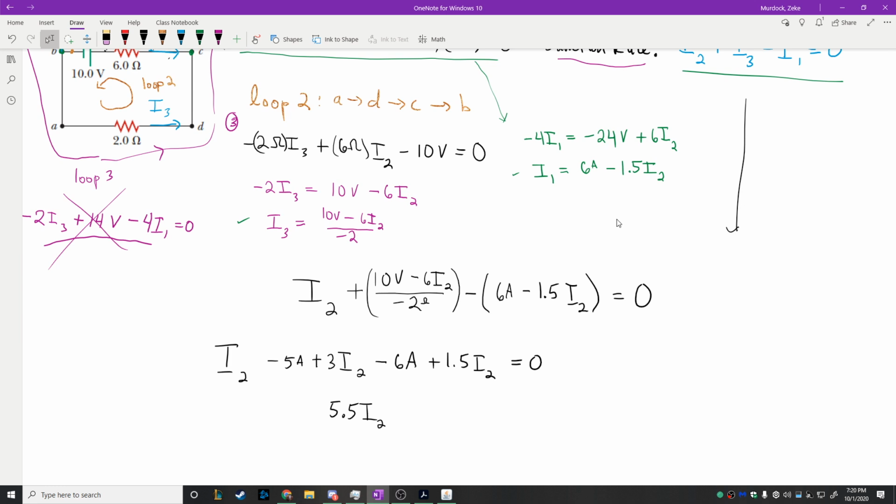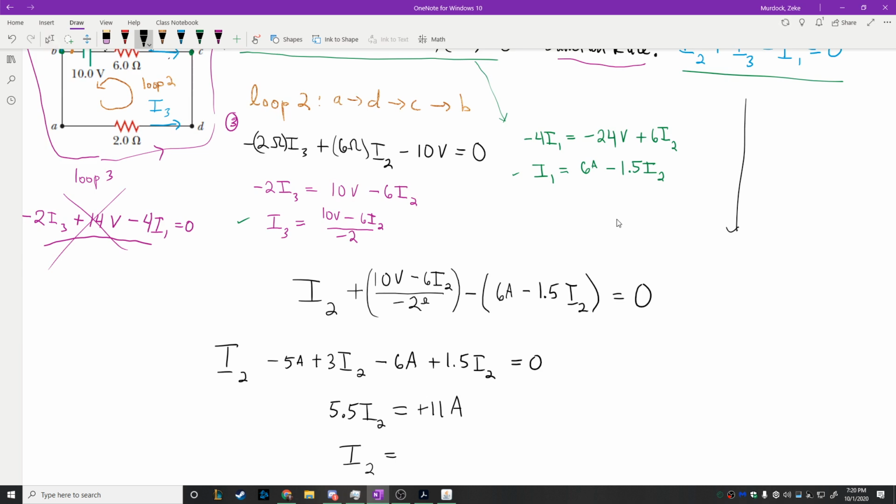Let's just check to make sure. This was negative over negative. Negative, negatives, they're both positive, yep. This should be equal to negative 5 plus negative 6 is 11. So this is now positive 11 when we move it to the right-hand side. And 11 divided by 5.5, we get I2, whatever that is, like a fifth?